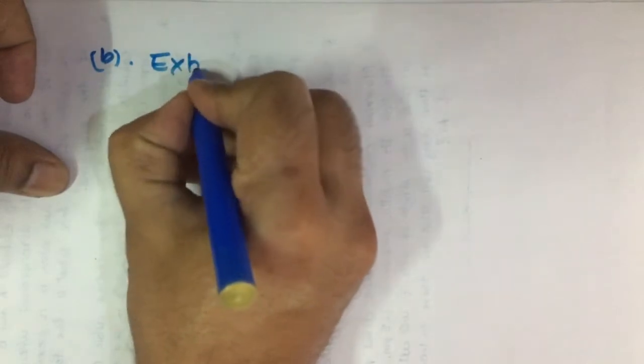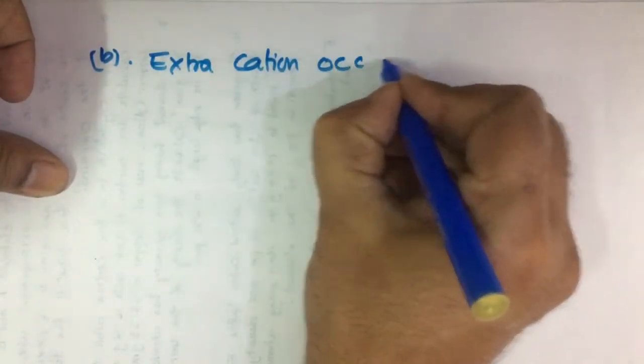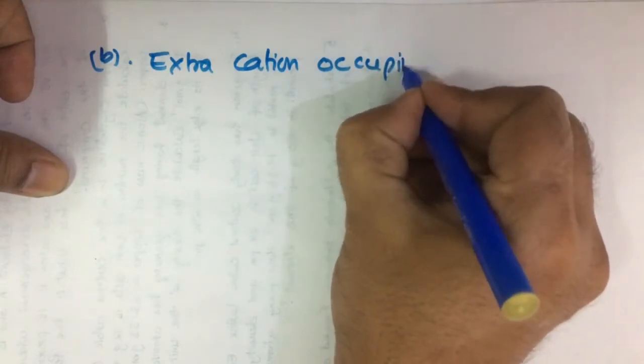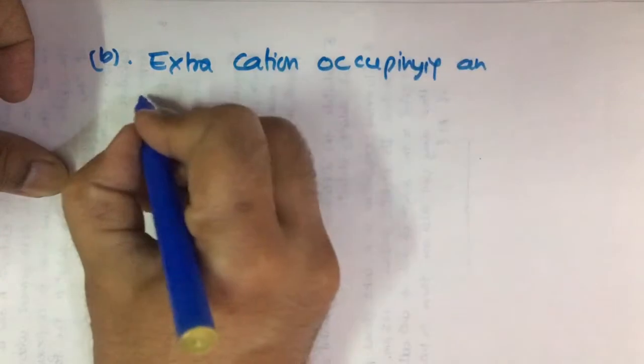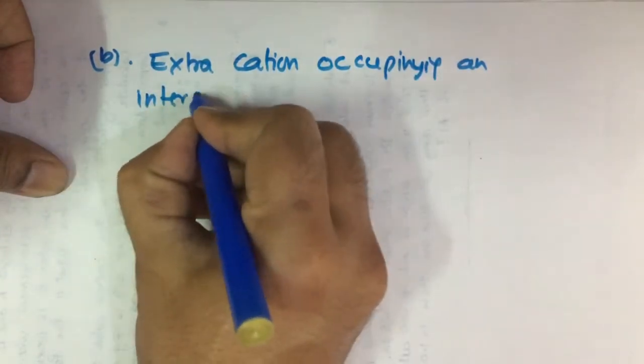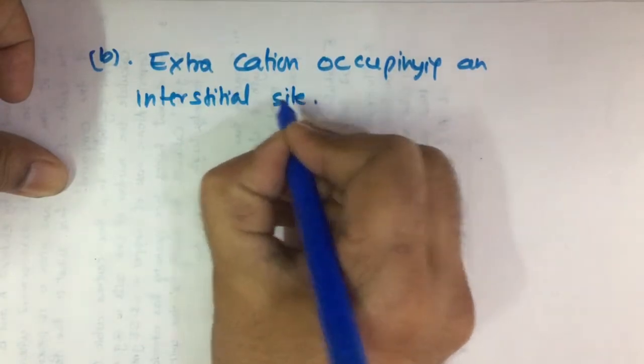The second way by which the metal excess defect is created is by an extra cation occupying an interstitial site.